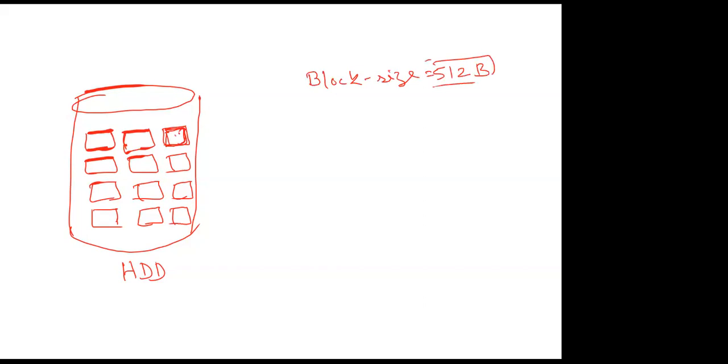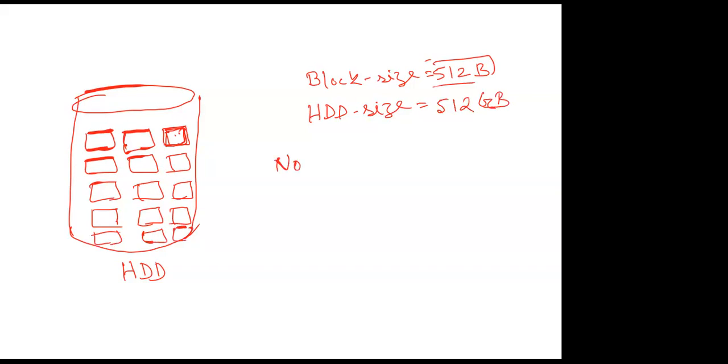Now let's see, if your hard drive size is, let's consider 512 GB is your hard disk. Now let's see how many blocks will be there inside the hard disk. Let's calculate the number of blocks.